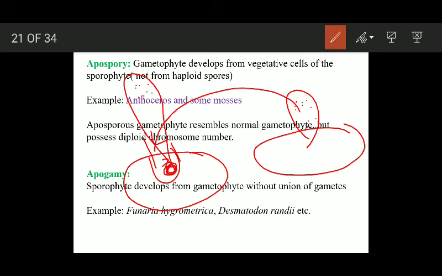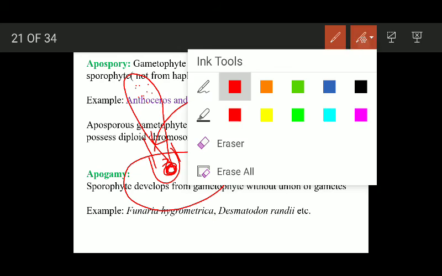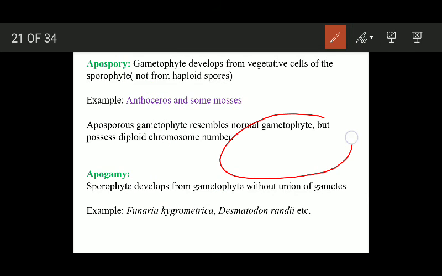But in some cases, it has been found that the gametophyte directly gives rise to sporophyte without union of gametes. Some of the cells of the gametophyte, which are haploid, as all the cells of the gametophyte are haploid, directly give rise to sporophyte here.